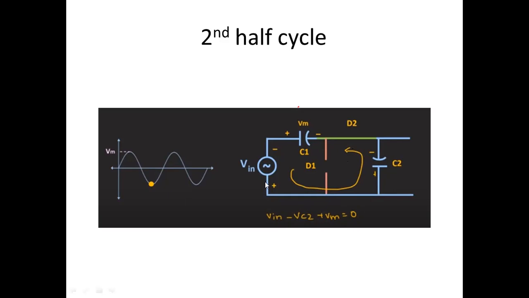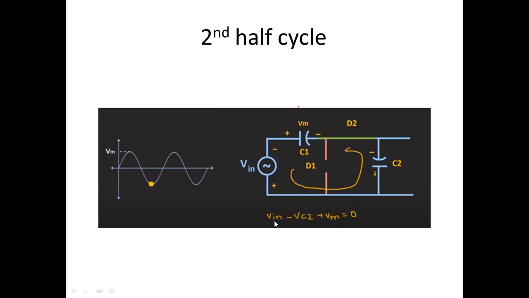Starting through this direction, plus Vin, plus Vm, minus Vc2 is equal to 0. If you want to find Vc2, adding Vc2 on both sides, you will get Vc2 equal to Vin plus Vm.